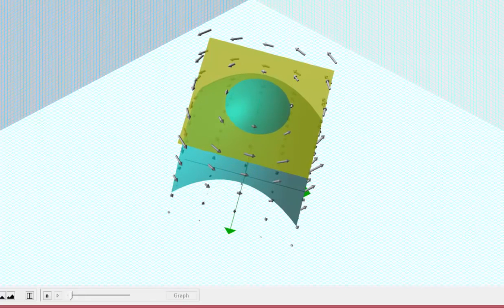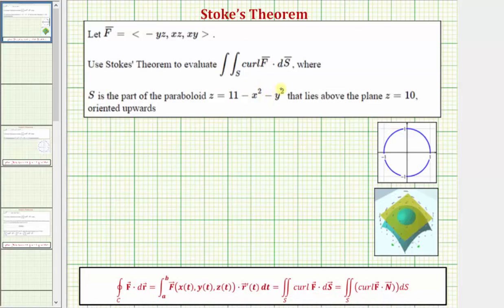Going back to our problem, again by applying Stokes' theorem, the double integral over the surface S of the curl of F dot dS under these conditions can be evaluated by using the line integral along the curve C of F dot dr. Looking at our notes below, to evaluate this line integral, we need to first parameterize the curve C using the vector function r of t.